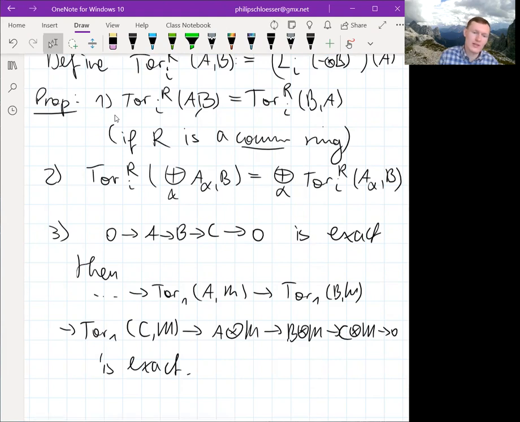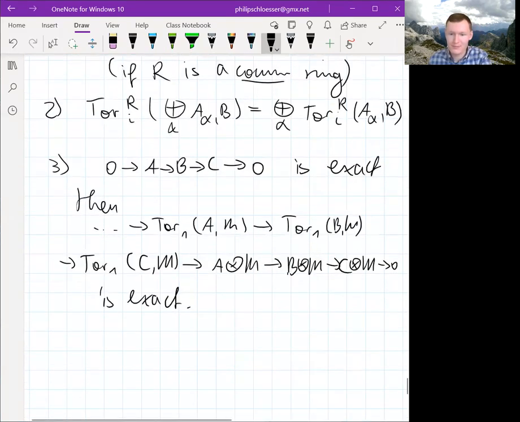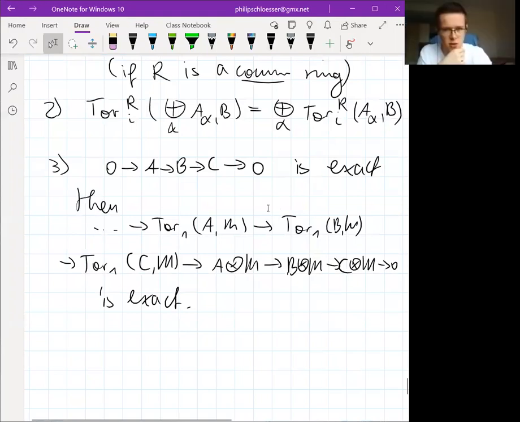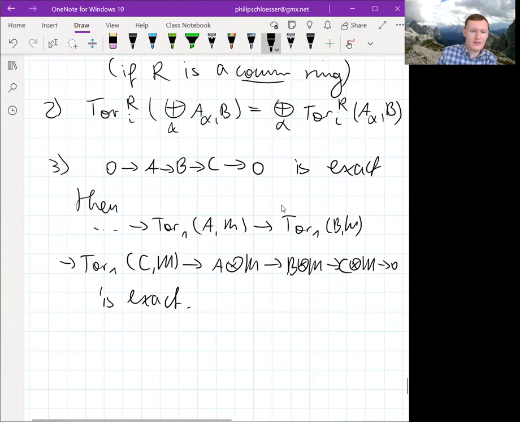So if C has no M torsion, then this shorter sequence is also exact. Is this exact for every M? Yes. Okay.